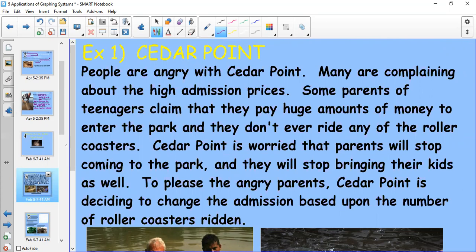Some parents of teenagers claim that they have to pay huge amounts of money to enter this park and they don't ever ride any of the roller coasters. Cedar Point is worried that parents will stop coming to the park and then they will stop bringing their kids as well. So to please the angry parents, Cedar Point is deciding to change the admission based upon the number of roller coasters one rides.